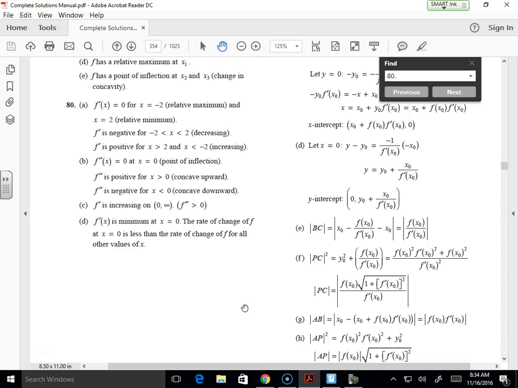And to figure out where f prime is 0, you're looking at where the tangent lines are flat. When you're looking at where f is decreasing or increasing, you're looking at the intervals where literally your graph of f is going up or down. When you're looking for when the second derivative is 0, you're looking at the points of inflection, which are the points where the graph changes from concave down to concave up to concave down. That's where you find your zeros of your second derivative.